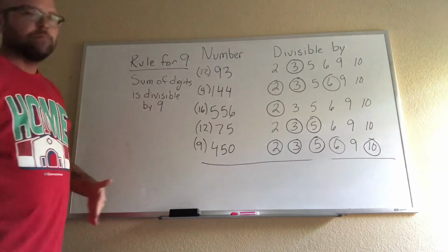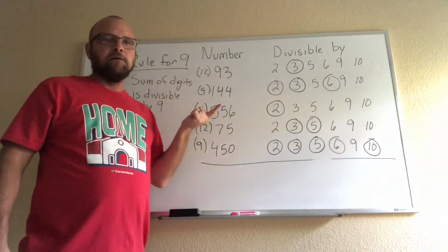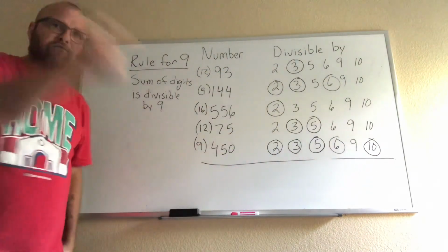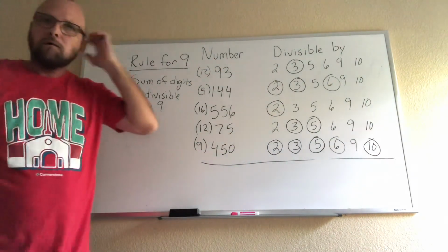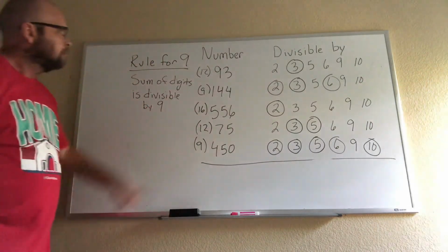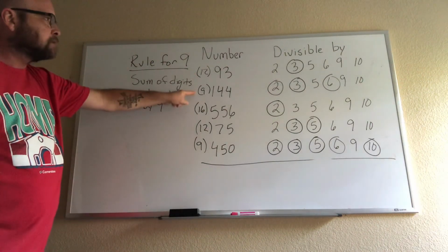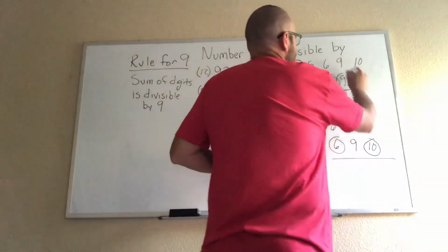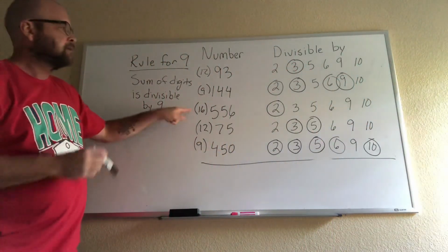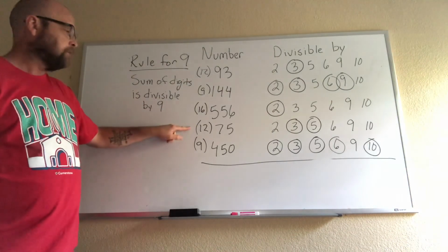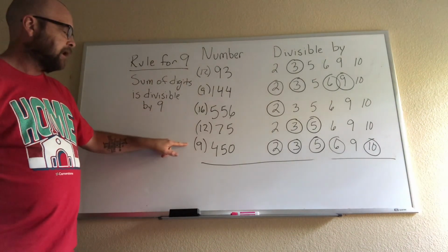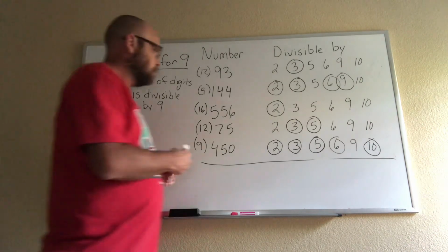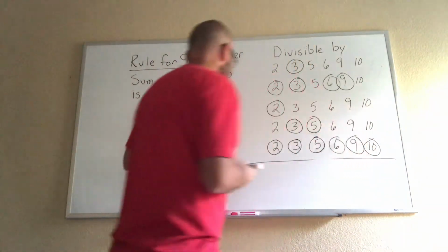So it's one of those numbers. So 12 is not one of those numbers. 9 is one of those numbers, which means this is divisible by 9. 16, not one of those numbers. 12, not one of those numbers. 9 is divisible by 9, because 9 times 1 is 9. So this is what this should look like.